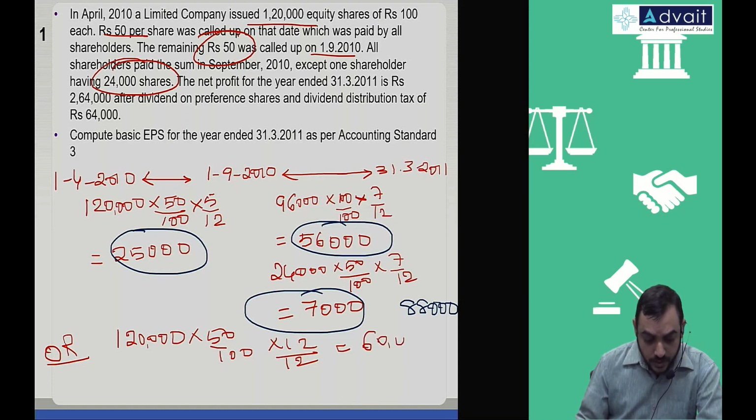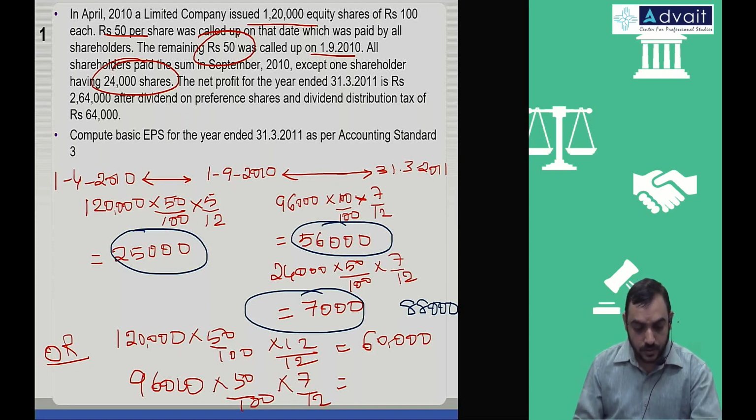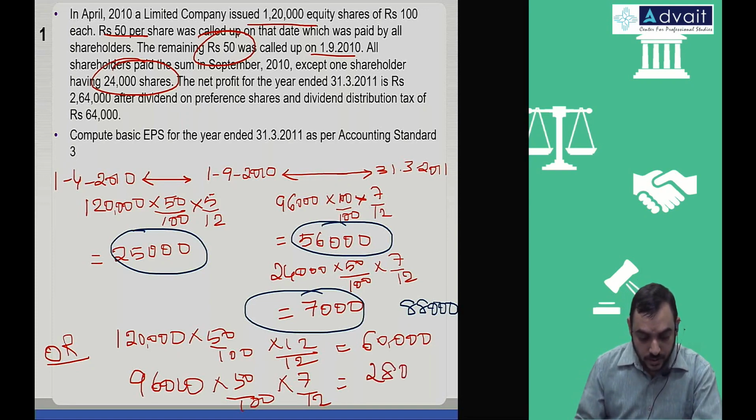And on 96,000 shares, only 50 rupees was paid for 7 months. See how much you get: 96,000 shares, 50 by 100 into 7 by 12. You get 28,000. So both ways, the total comes to 88,000.